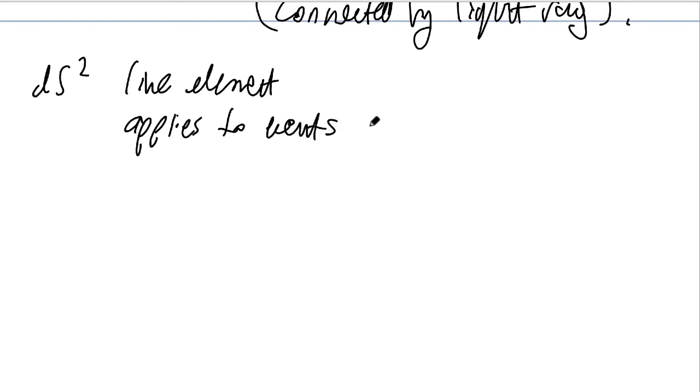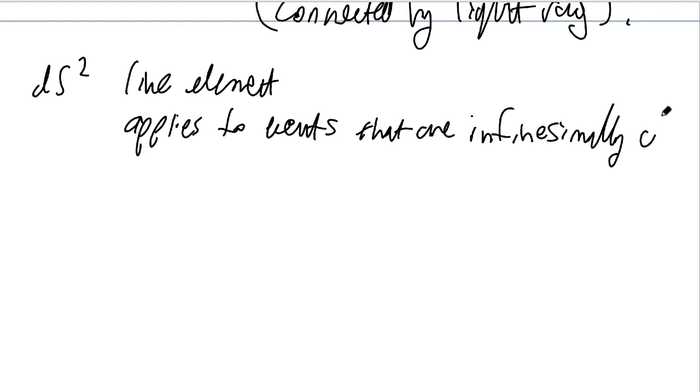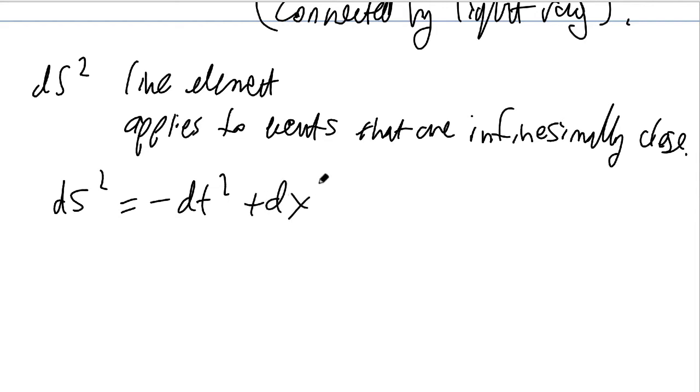It applies to events that are infinitesimally close. Now it's curious, in the examples I've given in this lecture, I haven't worried about the events being infinitesimally close. And I was able to get away with that because we were using the very simple example of flat space-time and Minkowski coordinates.